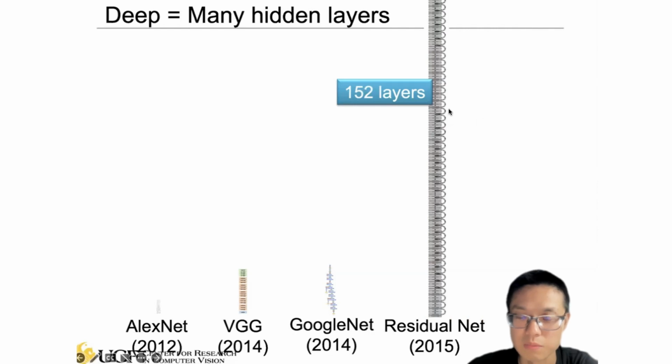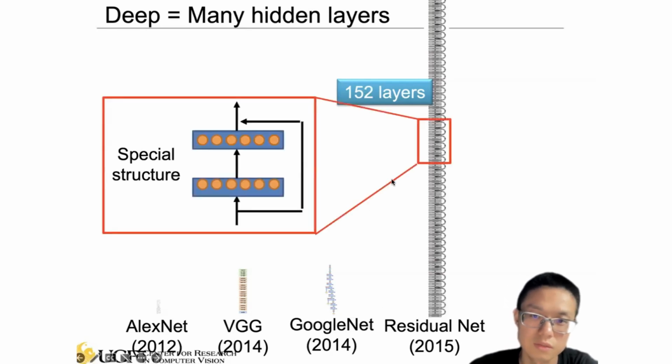So it's the most popular network and is still being used, and people have different variants. For the ResNet, they have deeper networks that go beyond 100 layers. Before it was only like 20 or 19 layers, but because of their special structure called the residual connection, they are able to scale and build a much deeper network beyond 100 layers.